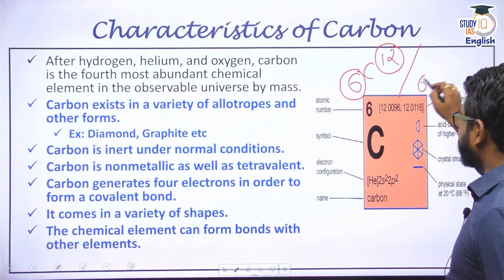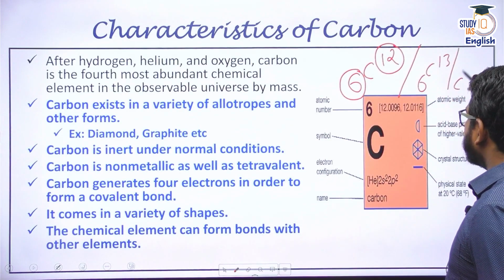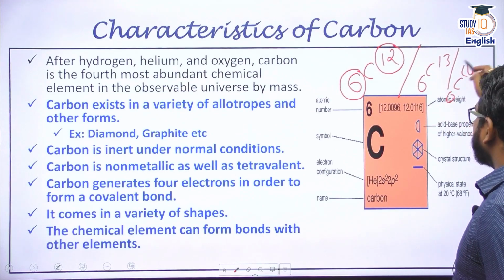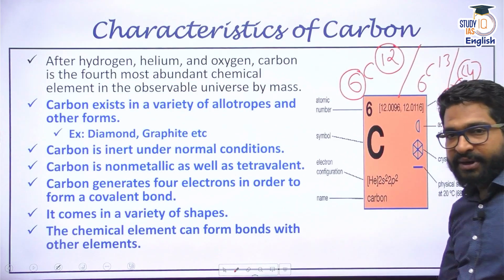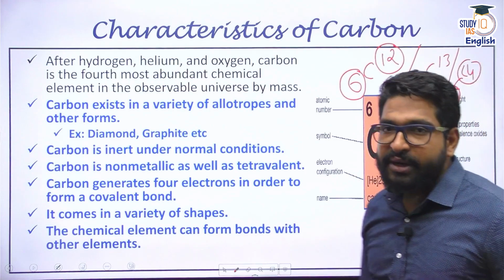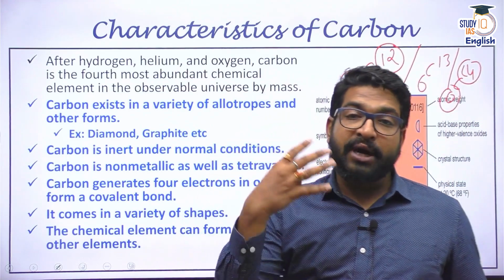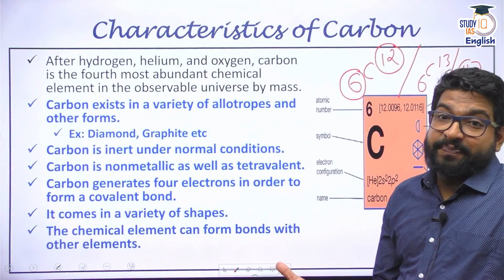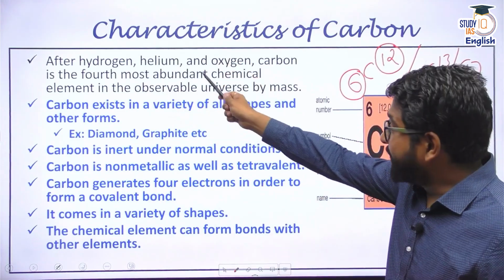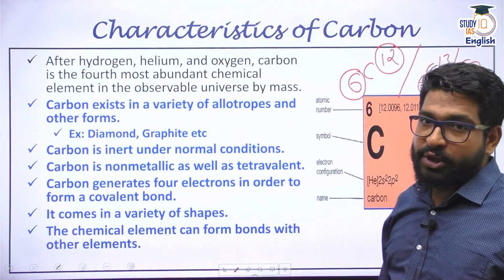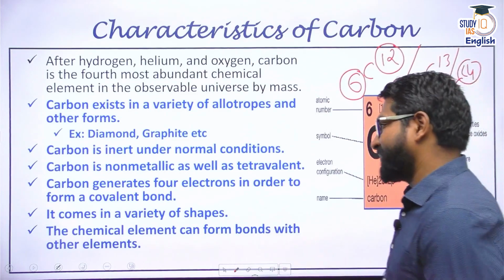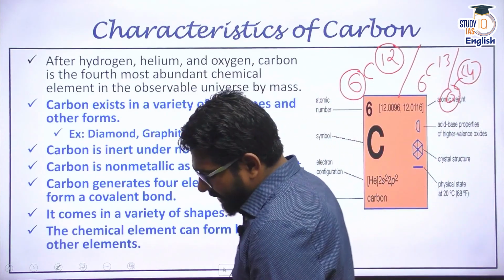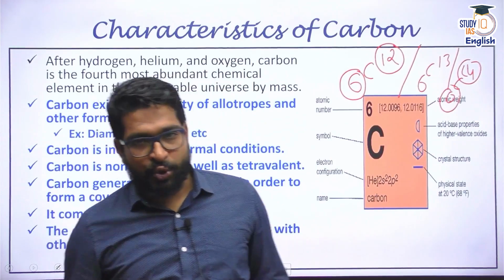We also have carbon 13 and we also have carbon 14. We know about this, right? Carbon 14 is used in radiocarbon dating. Carbon, in fact, is 4th most abundant element present in the universe itself. All right, after hydrogen, helium, and oxygen in the universe. I'm talking about not just Earth, in the universe itself. Apart from that, carbon is present in form of different allotropes.